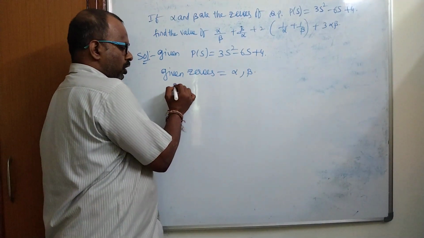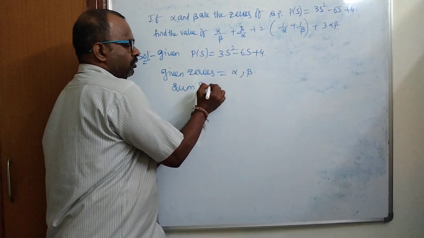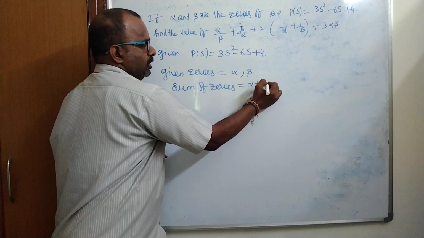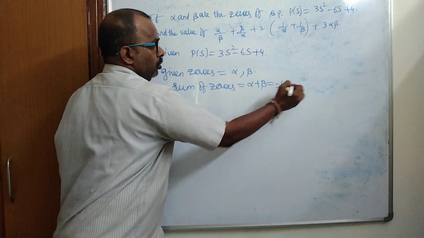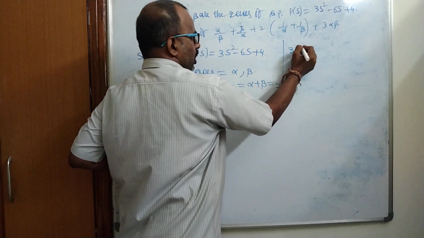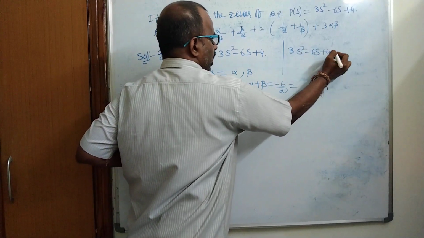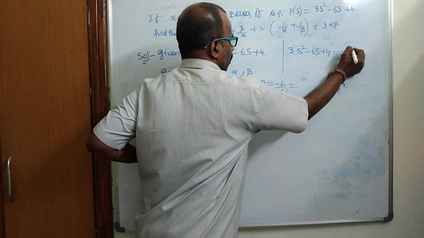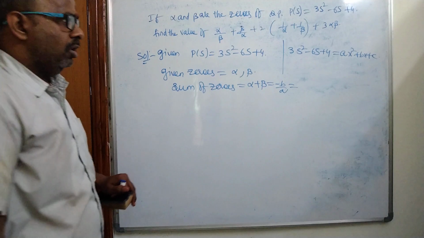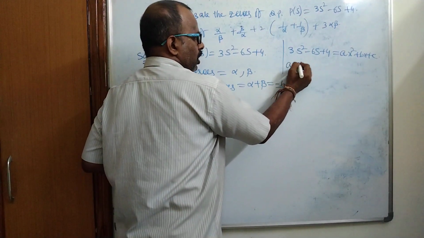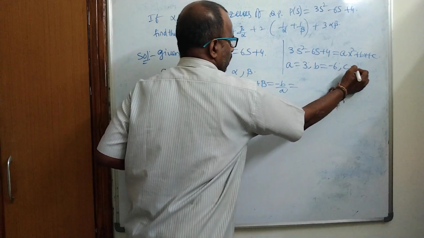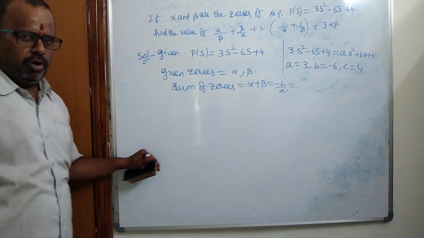Now the sum of zeros is alpha plus beta, which is equal to minus b by a. Here 3s square minus 6s plus 4 is compared with ax square plus bx plus c. So a is equal to 3, b is equal to minus 6, c is equal to 4.